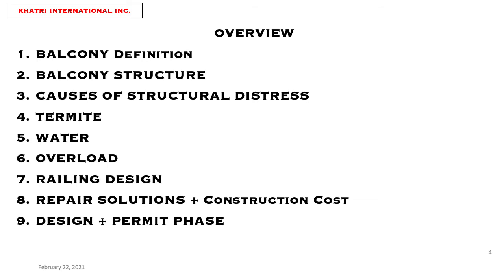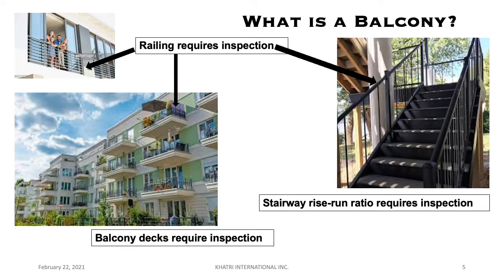Railings are also part of the balcony law, so we need to evaluate the railings. The railings are required to meet certain code requirements. And then we will touch upon some repair solutions and construction costs, and the design and permit phase, so that you can understand how to stage your project.